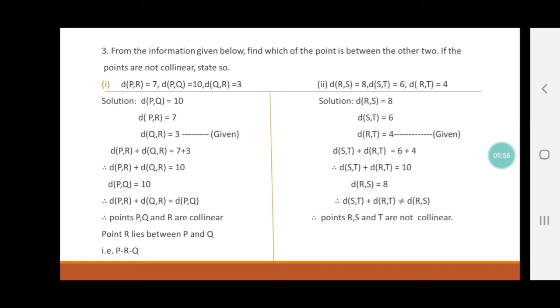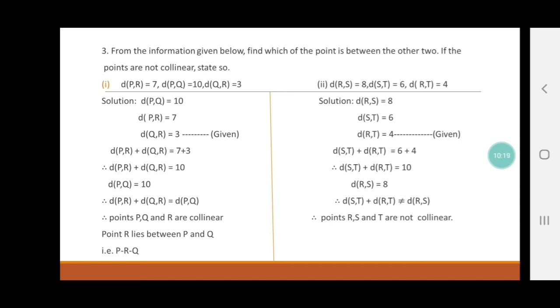Okay. So what I'll be doing is adding the smaller ones. So distance between PR plus distance between QR is 7 plus 3. Therefore distance between PR plus distance between QR is equal to 10. And distance between PQ is equal to 10.